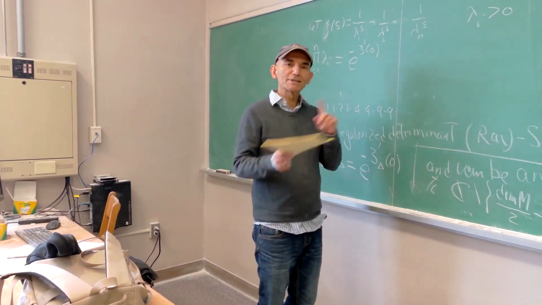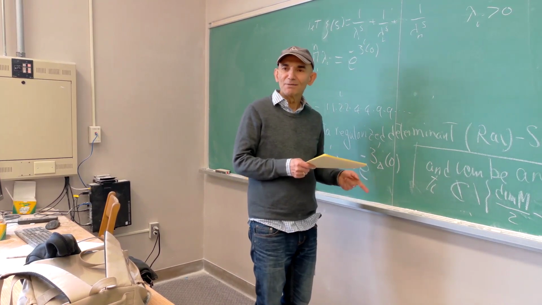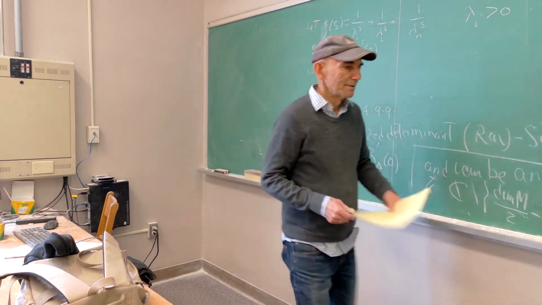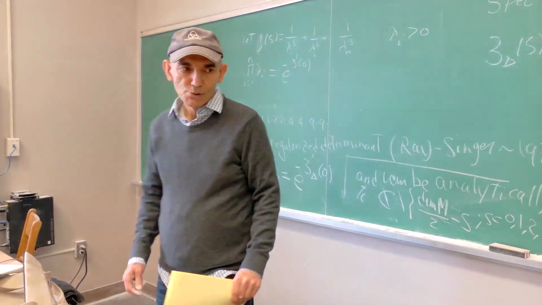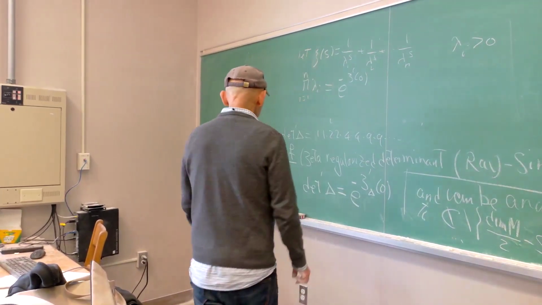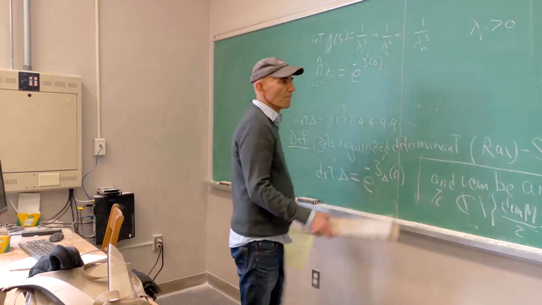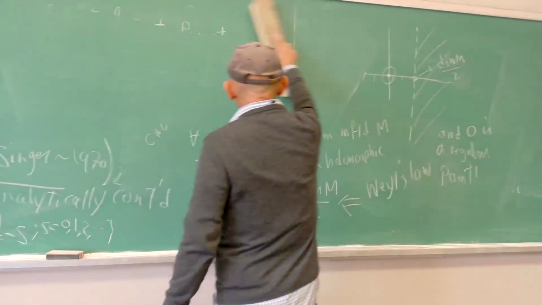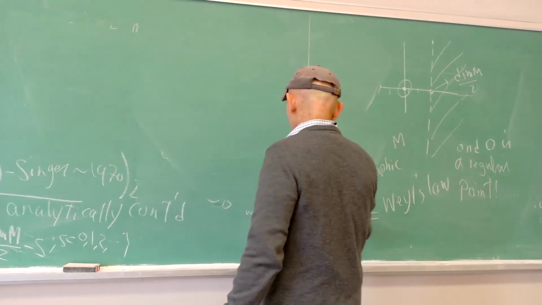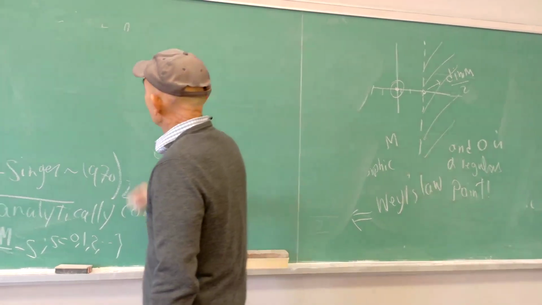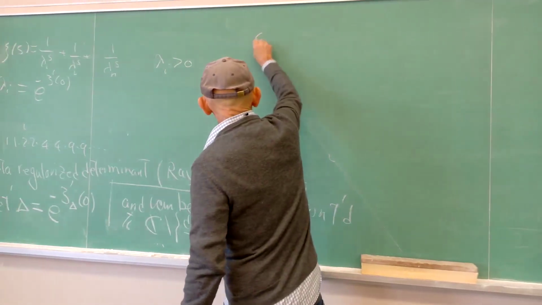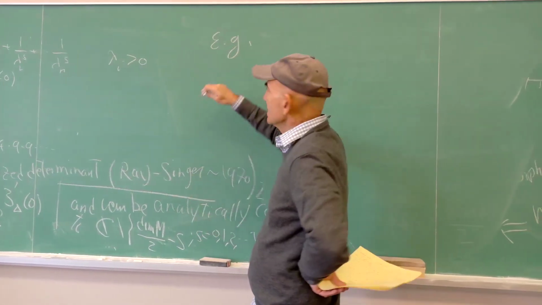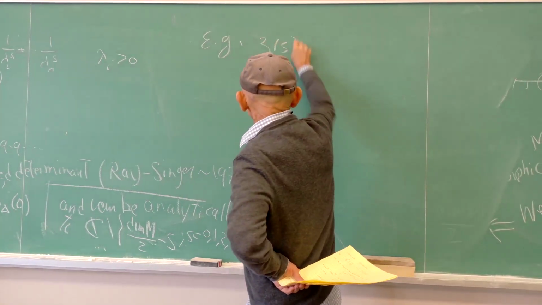But now let's go back to the circle case and see what is the determinant of our Laplacian. Here's an example. Let's look at the Riemann zeta function.